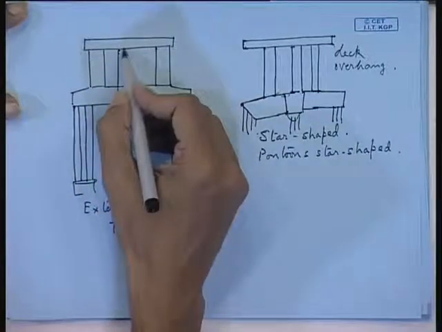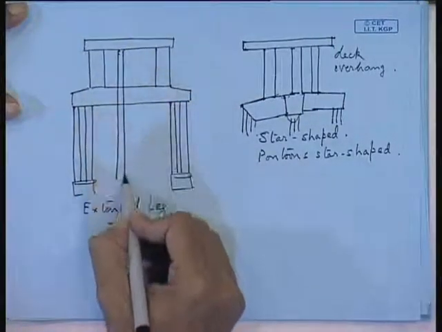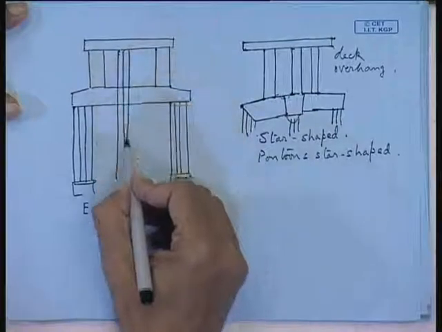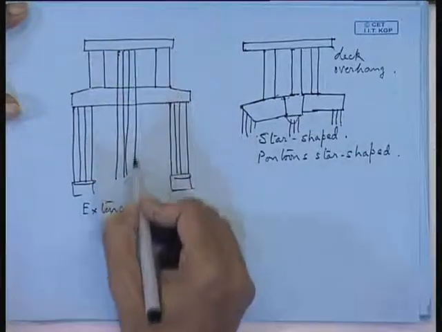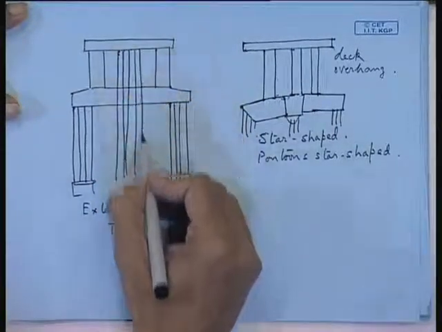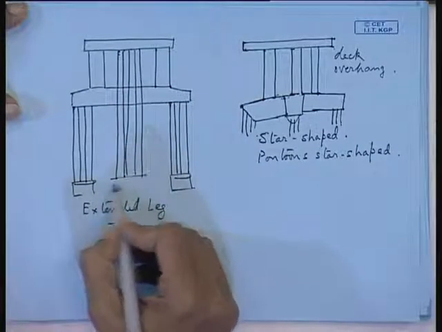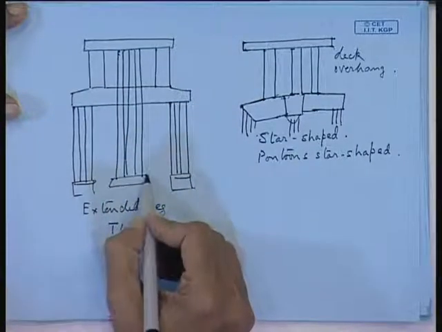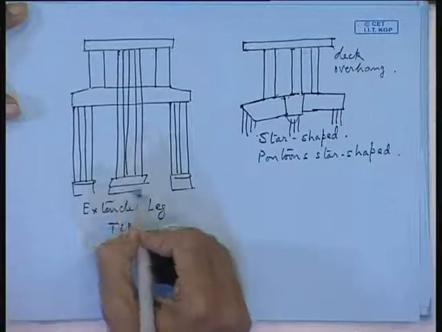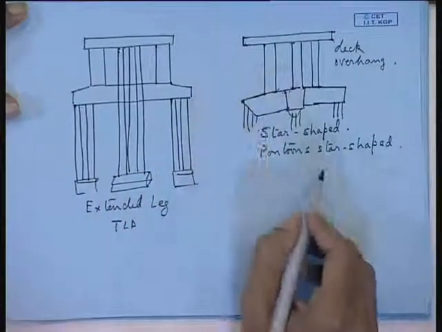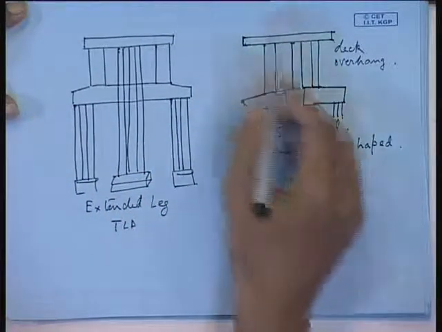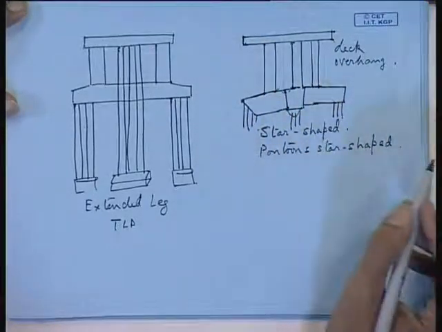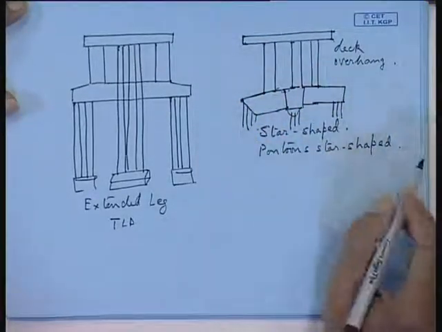You cannot neglect your riser dimension. So, this type of closed columns, if your riser spacings allow, then you go for that. So, this is another type, called a star shaped arrangement.